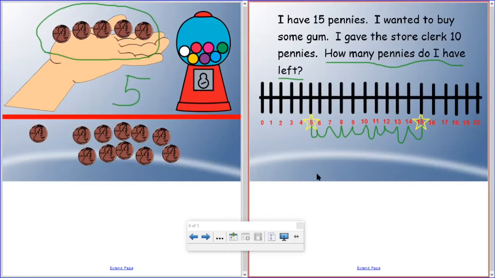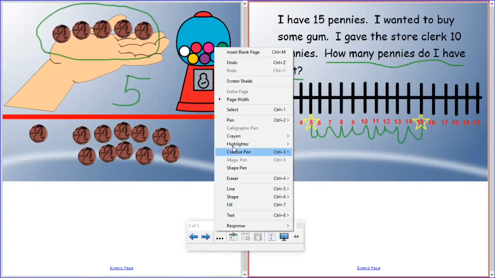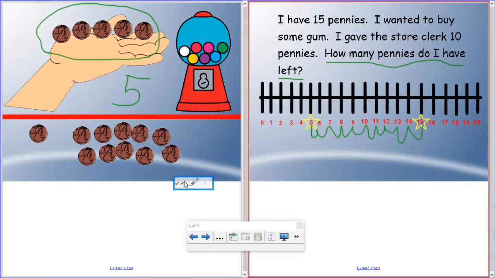Now let's write the number sentence, the equation to represent our story problem. We started with the number 15. So that's the first number in our equation. I'm going to write the number 15. We gave away 10 pennies.